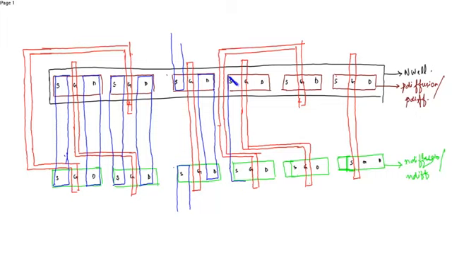So the sources are connected and the drains are also connected. This is also a transmission gate.